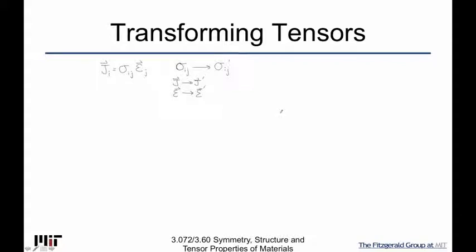So let's think about this in a generic way then. So let's go back to the generic case which we had done before. Some displacement qi equals aij pj.